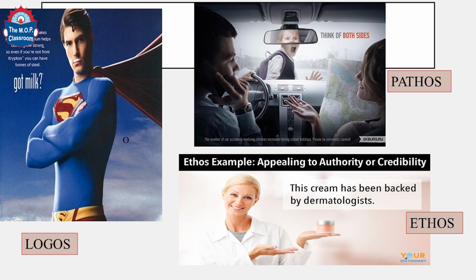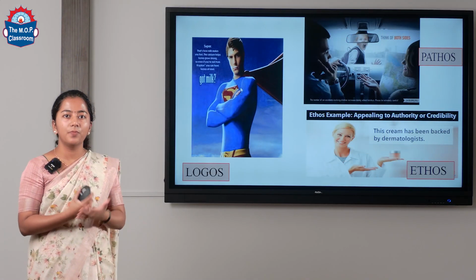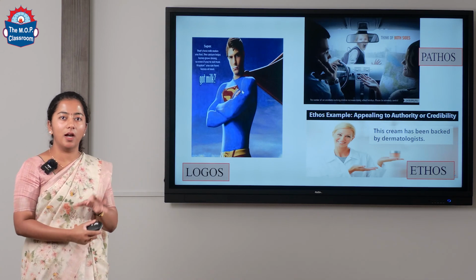We have an image of Superman here, and if you read the text, it says that drinking milk helps your bones to grow better. Why? Because milk has calcium. So it uses logical reasoning to make us believe that yes, drinking milk helps our bones to grow stronger. This is actually a message aimed at young children.